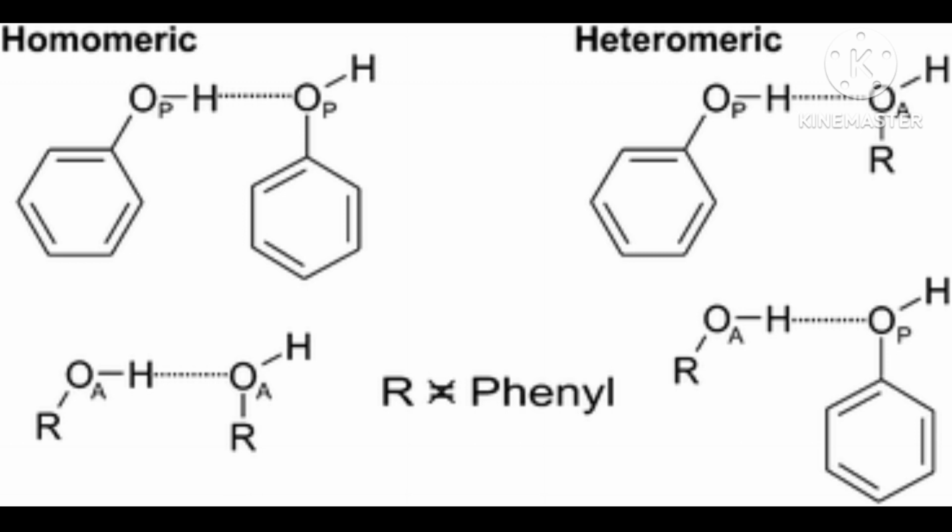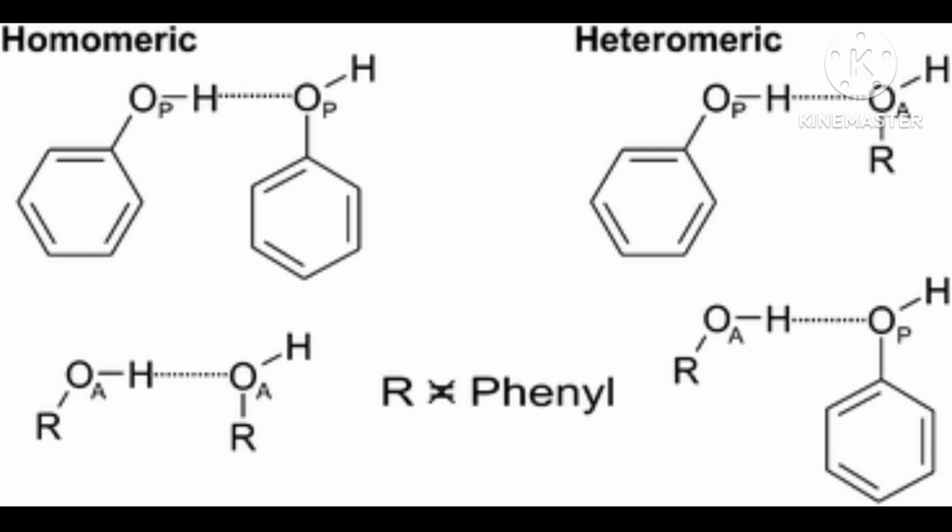Suppose ethanol is there, CH3CH2OH. Its molecular mass is 46 and boiling point is 351. But methoxymethane, CH3OCH3, is the ether, where O is attached with two methyl groups.